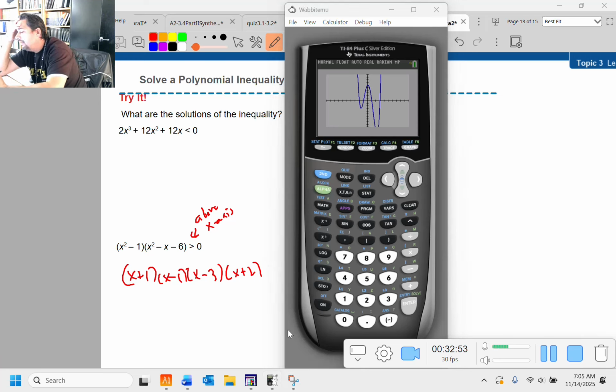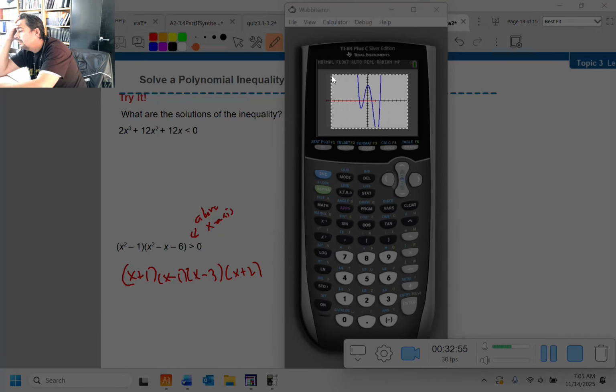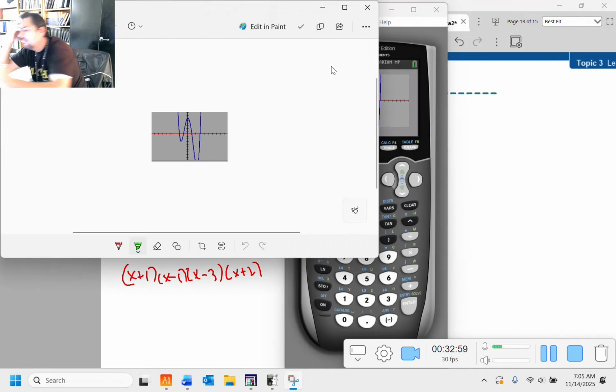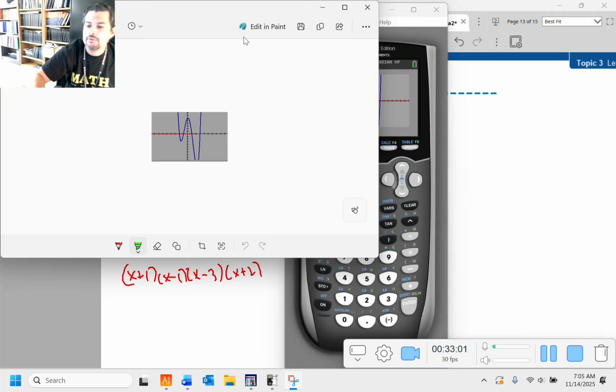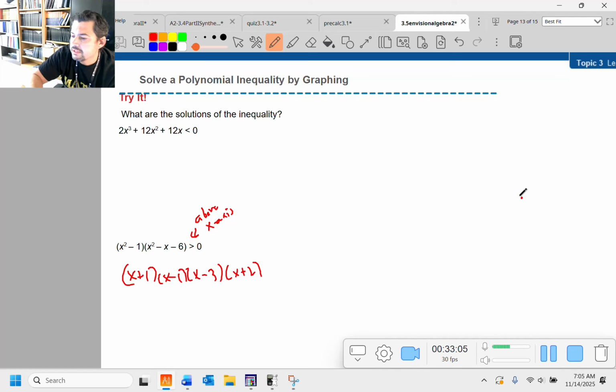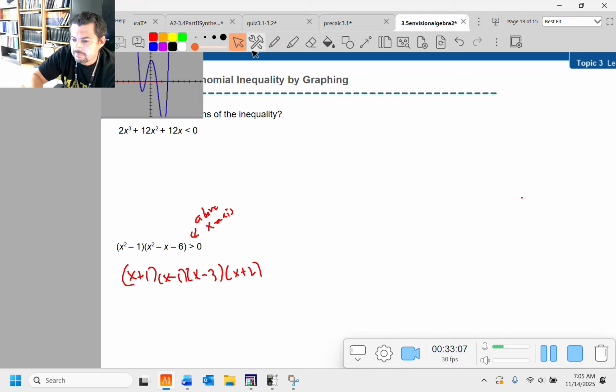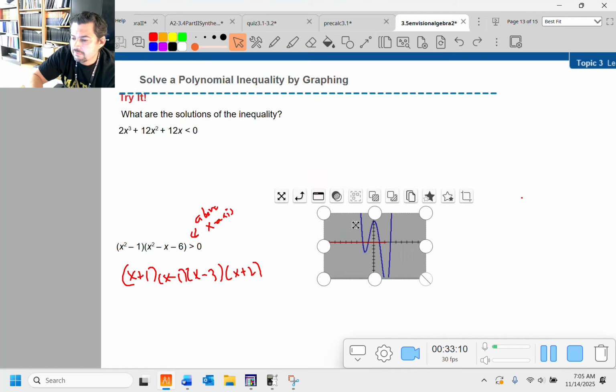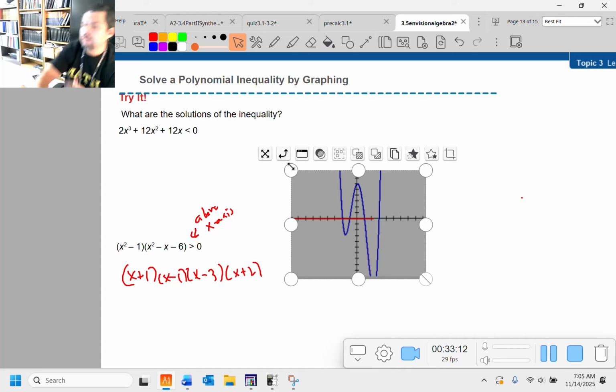So there are three pieces of this graph that are above the x-axis. There's two pieces below, but there's three pieces above, and we're after the stuff above this time. Hopefully you can pick them out.